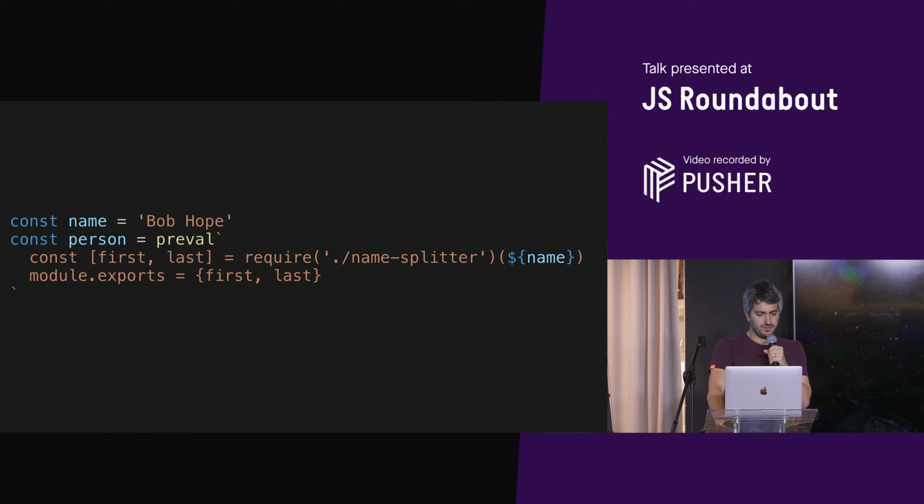There's another example. This is a Babel plugin that provides you with this magic function called preval, which is implemented in a tagged template literal form. So this is actually kind of a function call which receives a string.